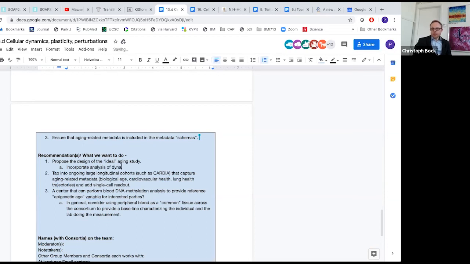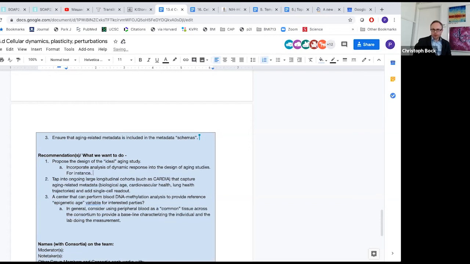Good, it seems that for the aging component we are reasonably far along. The scribes are currently writing this up, which is great. So we would have one concrete comment on how future aging studies should be designed, actually two components.